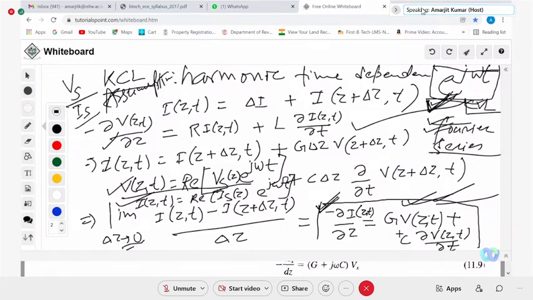So these will be the two equations for voltage and current in phasor form. Basically, minus dV_s by dz is equal to R plus j omega L into I_s, and minus dI_s by dz is equal to G plus j omega C into V_s.